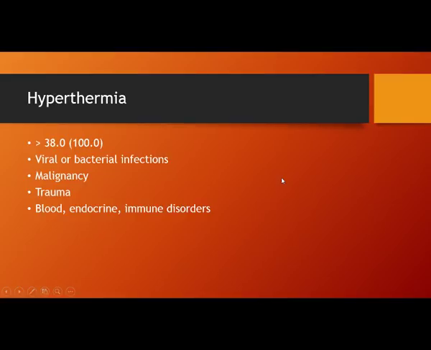Hyperthermia is, generally speaking, temperature greater than 38 or 100 Fahrenheit. And one thing that can cause it, and that we probably think of most often, is viral or bacterial infections. But there are other things that can cause it as well. It doesn't always indicate an infection.